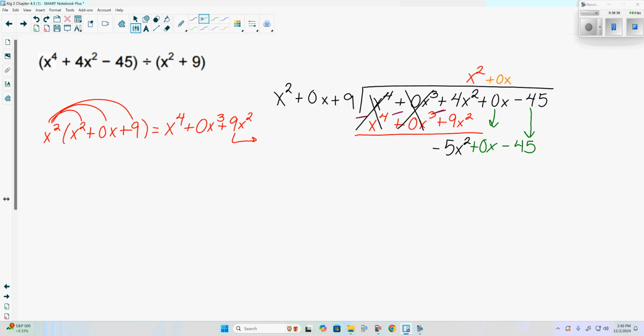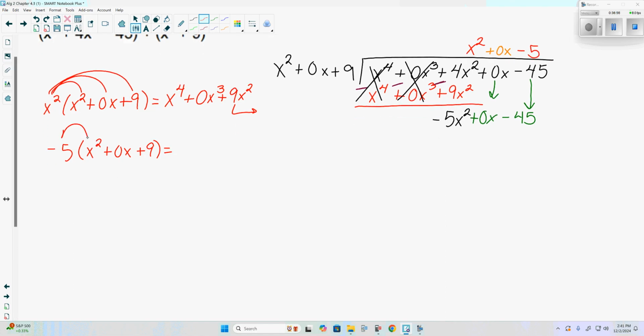Now the last step, what times x squared is negative 5x squared? Negative 5. Or multiply through by negative 5. Negative 5 times x squared is, well, negative 5x squared. Negative 5 times 0x is, well, it's still 0x, because negative 5 times 0 is 0. We still have our x.